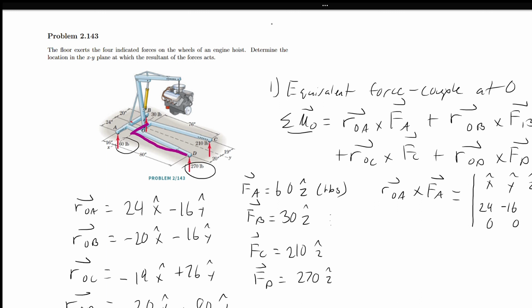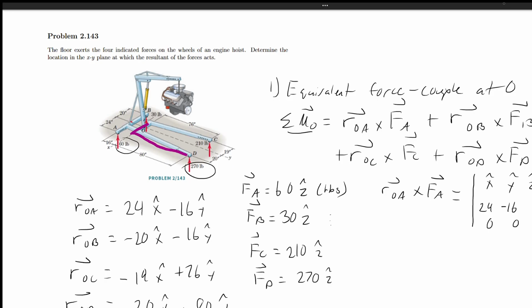Okay, so then the x component is going to be minus 16 times 60. I have MATLAB up somewhere. I'll find out later if you can actually see this. All right, so 16 times 60, 960.